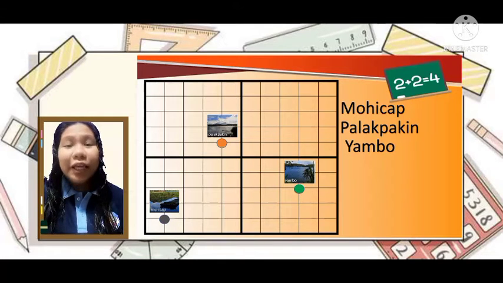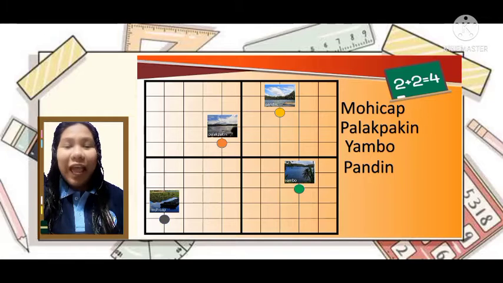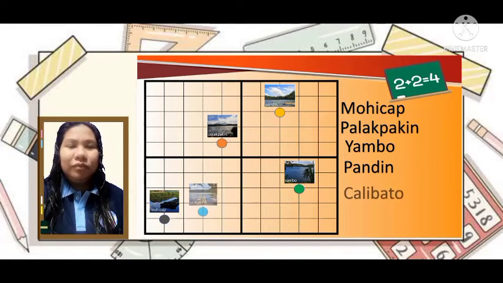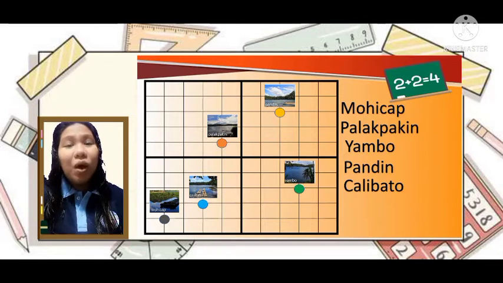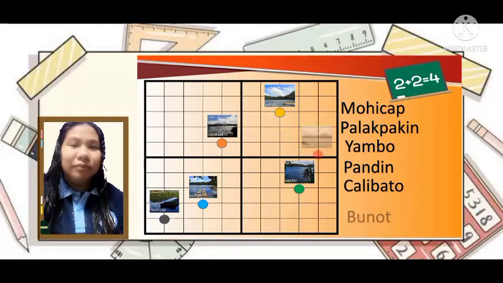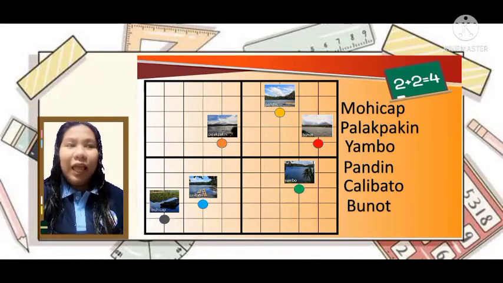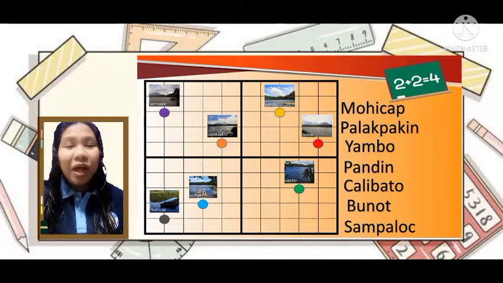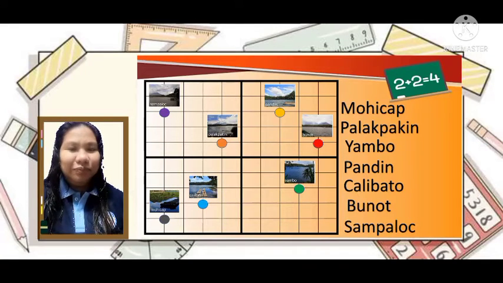Next is Yambo Lake. Next is Pandin Lake. Next one is Calibato Lake. And then, we also have Bunot Lake. Last one, we have Sampaloc Lake. I will give you a few seconds to finalize your answers in finding the quadrant of those 7 lakes.